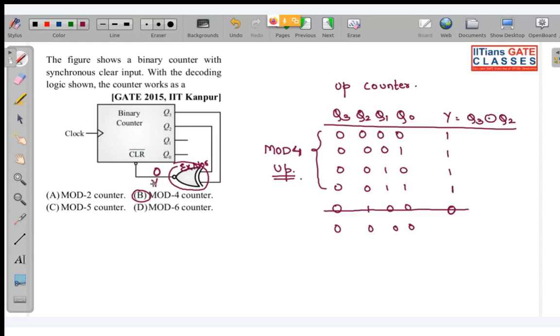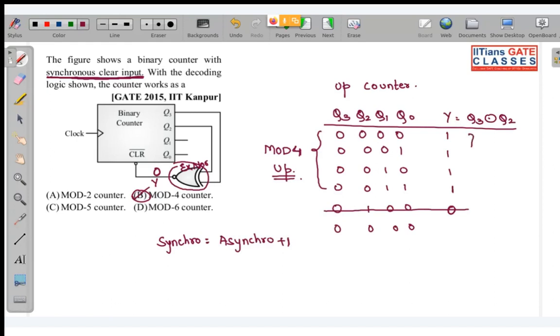One thing we skipped over here is that this is a synchronous clear input. And if you have missed this, you have marked mod 4. I have told you, if it is a synchronous counter, then the counting states are basically whatever we get in the asynchronous counter plus 1, or wherever we are switching the states, that will also be a valid state.